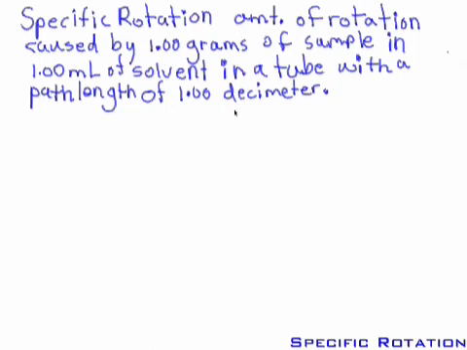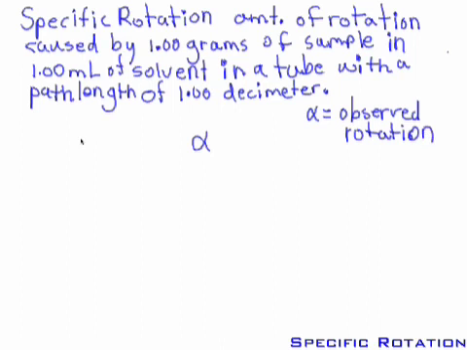So we're going to let the rotation in degrees that different groups see be symbolized by alpha. Now, alpha is our observed rotation. Alpha equals the observed rotation in degrees. So specific rotation, which we've just defined, I'm going to symbolize by an alpha in square brackets.